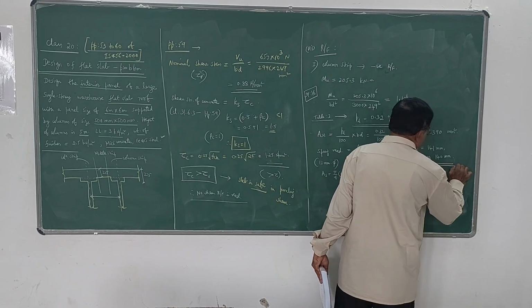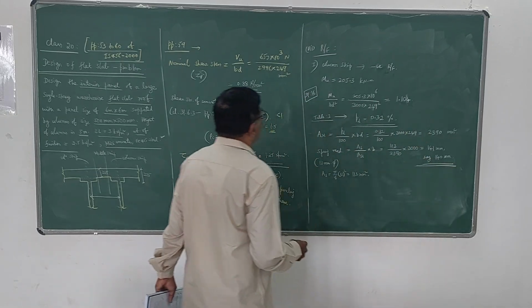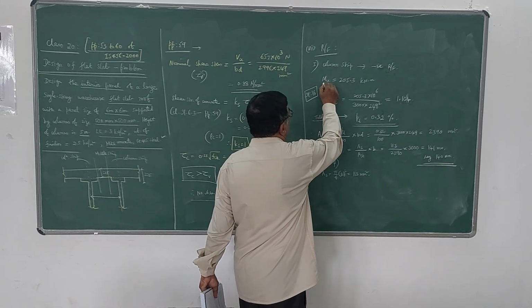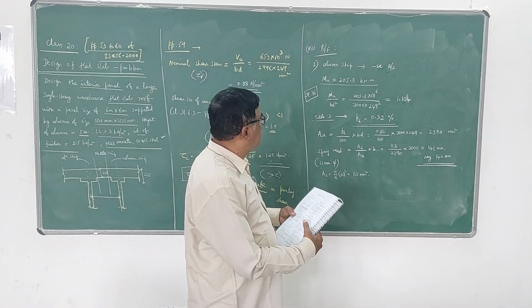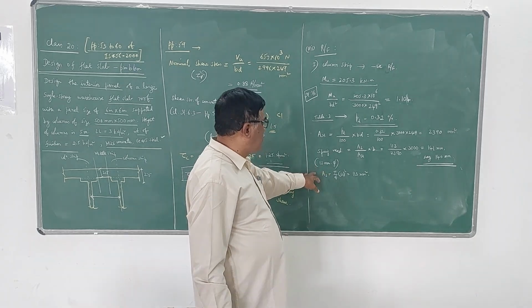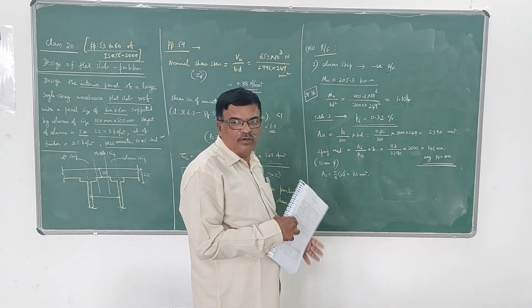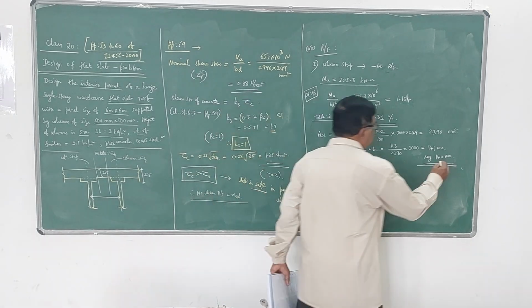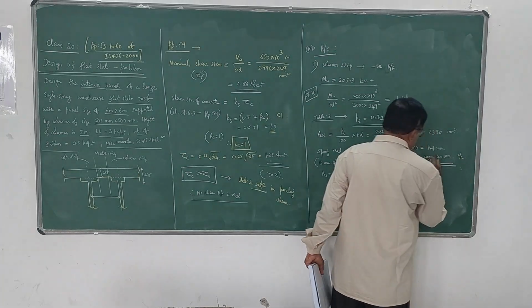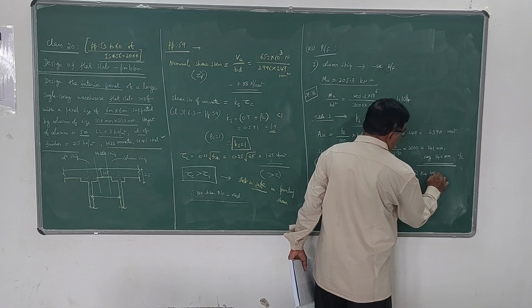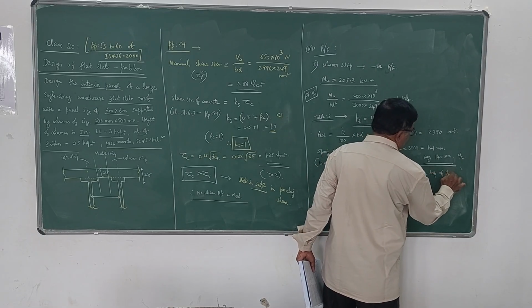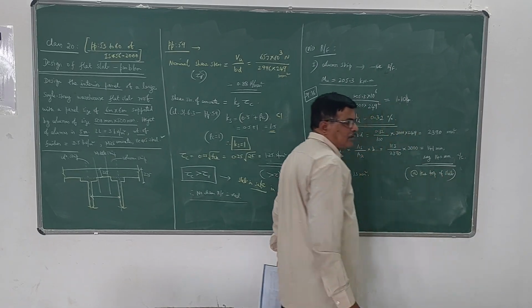That means for this negative moment of 205.3, we have to provide 12 mm dia bars at a spacing of 140 mm center to center. This reinforcement is provided at the top of the slab, negative reinforcement at the top of the slab.